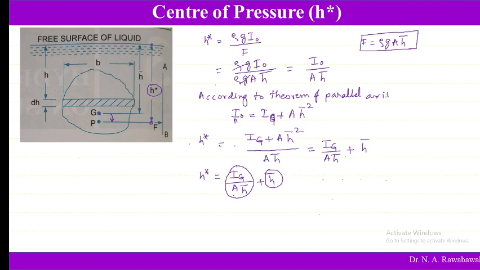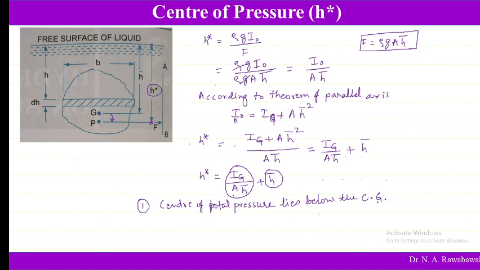Therefore, what we can conclude here is, first point, the center of pressure, total pressure, lies below the CG, center of gravity.